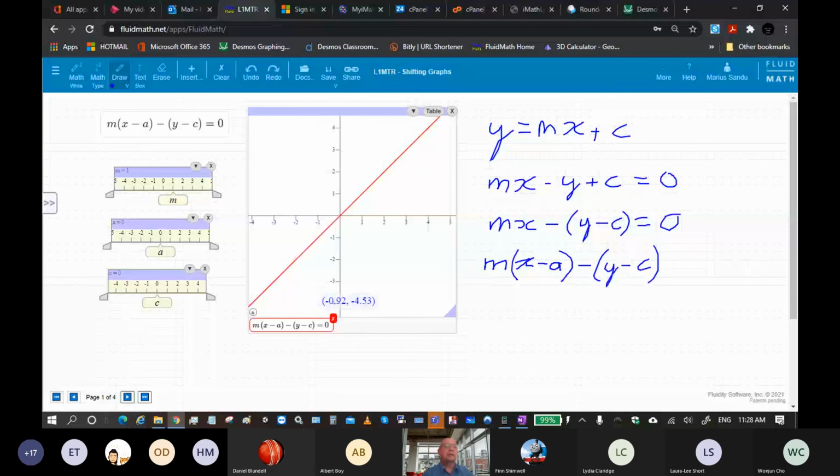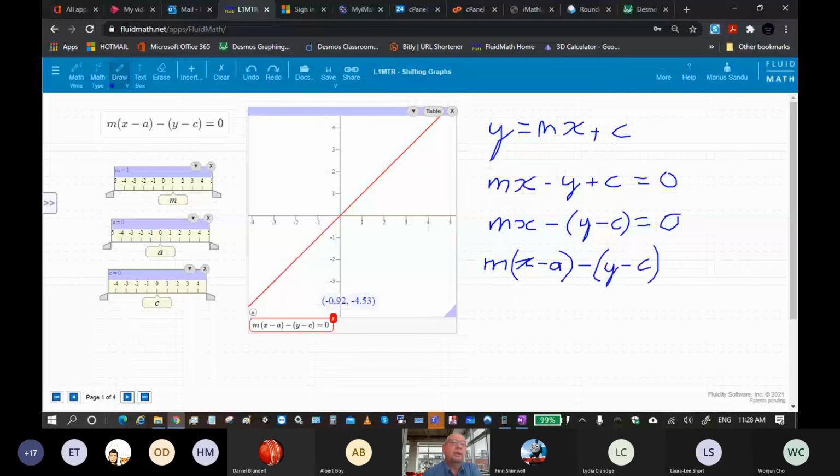So I've got these sliders here. As you can see, I've got the formula entered at the top. So m, the gradient, is 1. I've done a is 0, so that means I haven't done anything to x. Y is also 0. I haven't done anything to y.